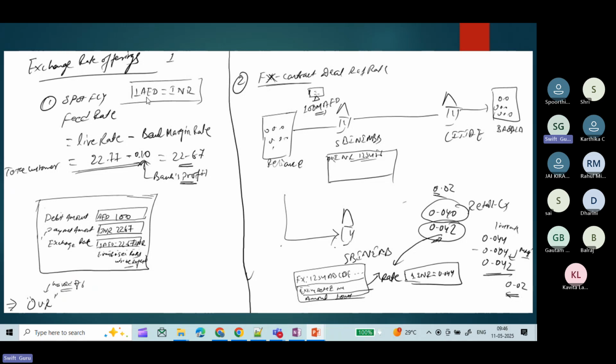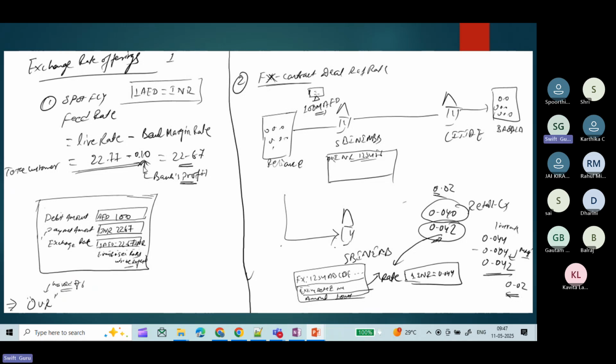The exchange rate which the customer gets to see in Google is 22.77. But when he initiates the transaction, he only gets to see 22.67, for example. Why is that? The same rate is not shown by the bank when initiating a transaction because the bank is making a profit out of it.